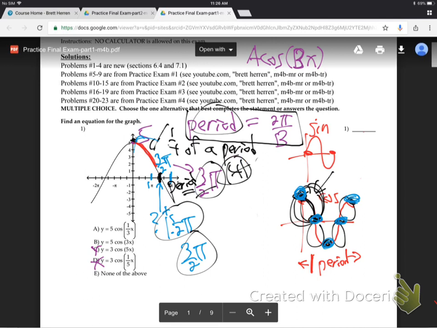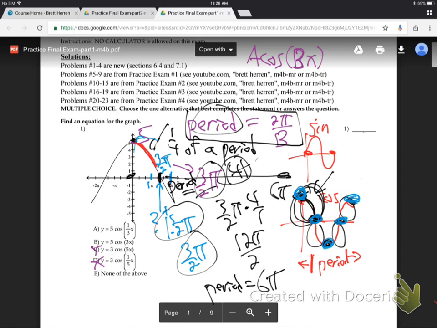If you take 3/2 pi times 4 over 1, that's 12 pi over 2, 6 pi. Like that better? So the whole period must be 6 pi. It starts at 0 and must end at 6 pi for one period.